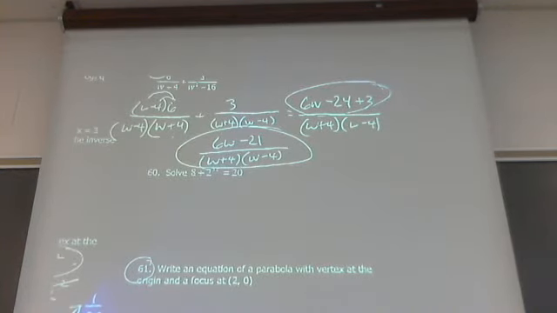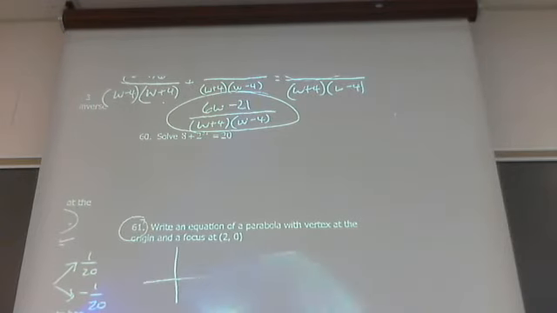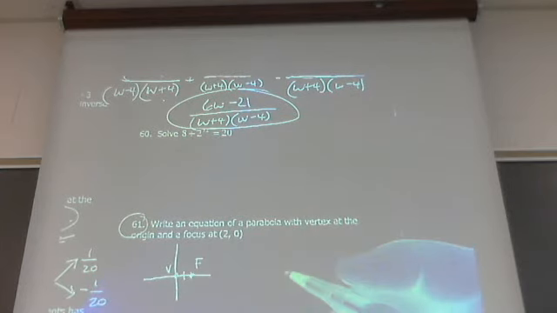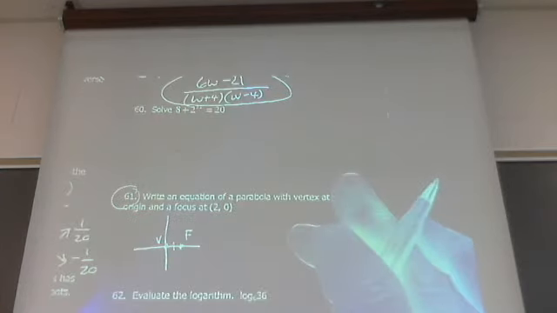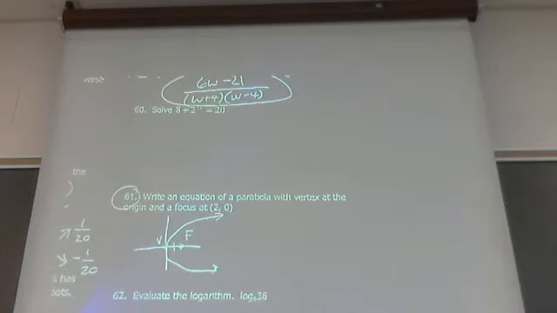Question 61. Write an equation of a parabola with vertex at the origin and focus at 2, 0. Which way does this open? To the left? The focus is inside the parabola. Yes.